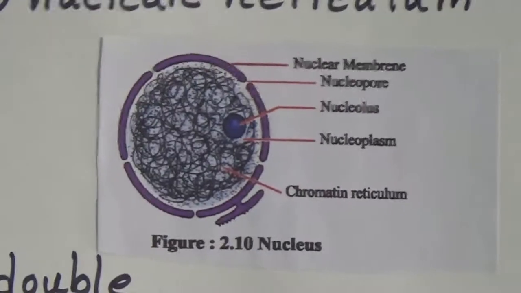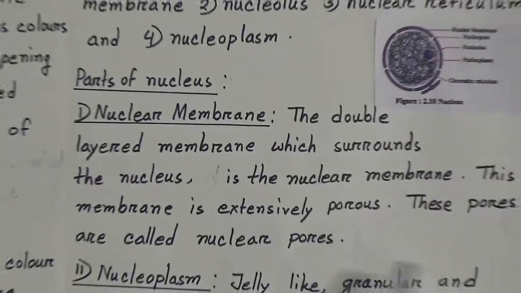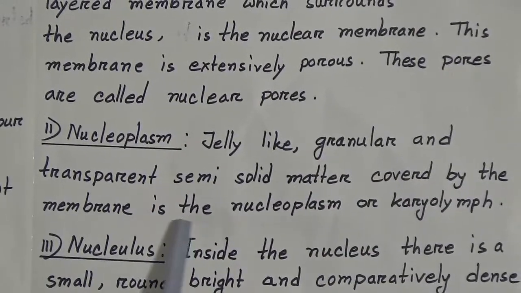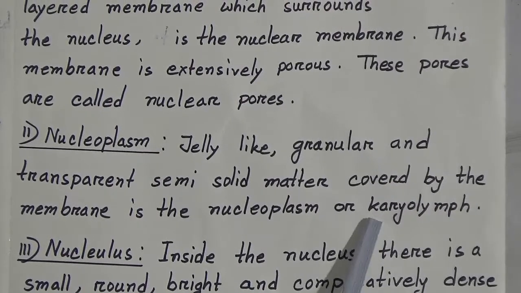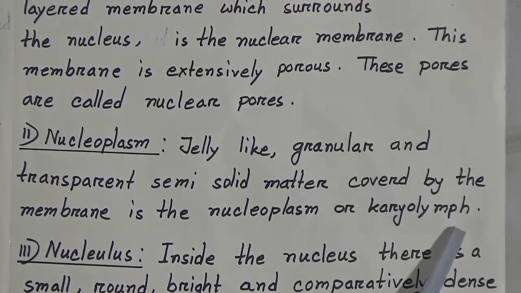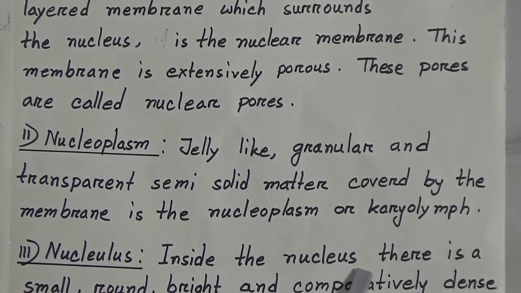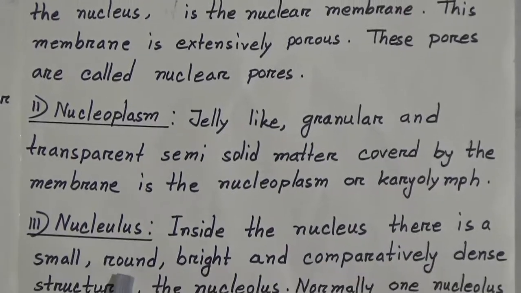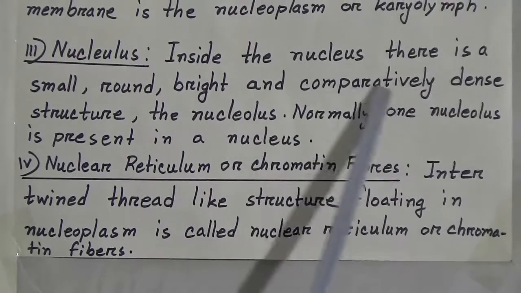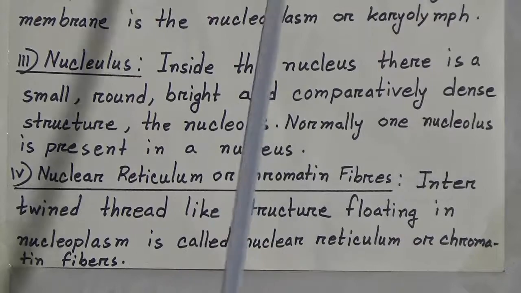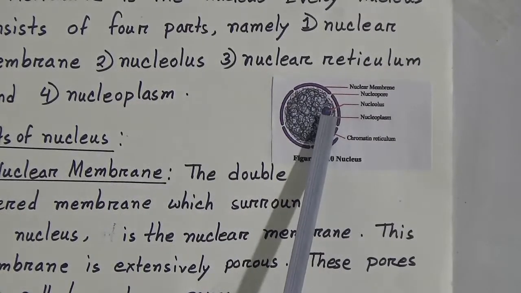Nucleoplasm, jelly-like, granular and transparent semi-solid matter covered by the membrane is the nucleoplasm or karyolemph. Nucleolus, inside the nucleus there is a small, round, bright and comparatively dense structure, the nucleolus. You can see this picture, here is a nucleolus.